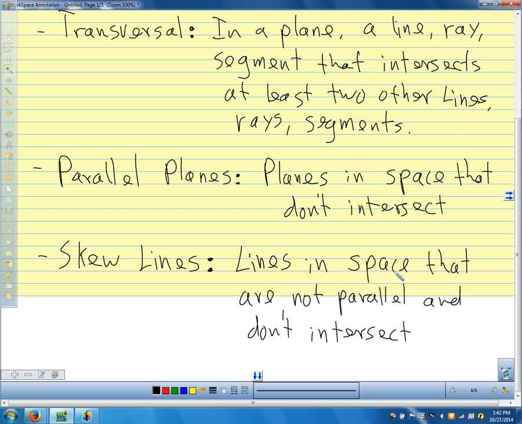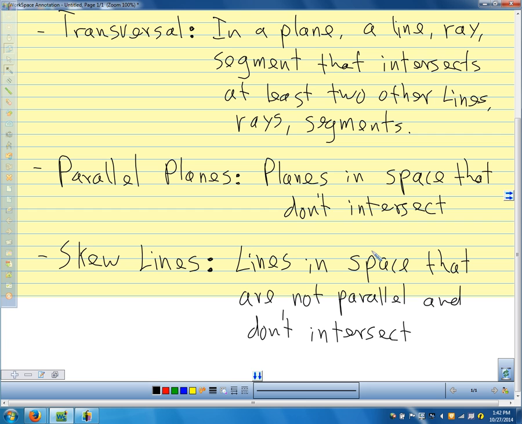So what in the room, what would be an example of skew lines? How about that corner up here and that corner down there, going the opposite direction? Or this line here that connects these tiles and this line here at the edge of the table.